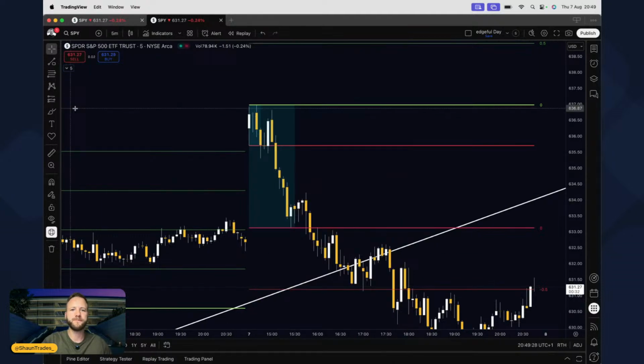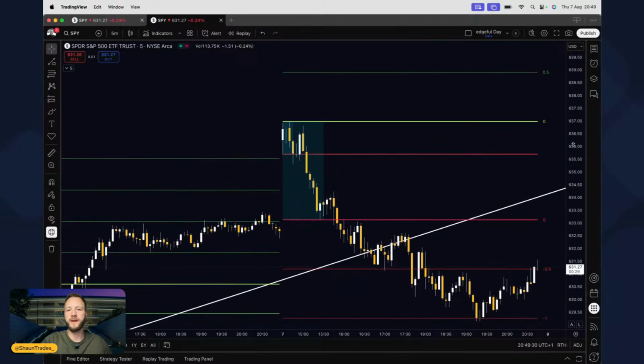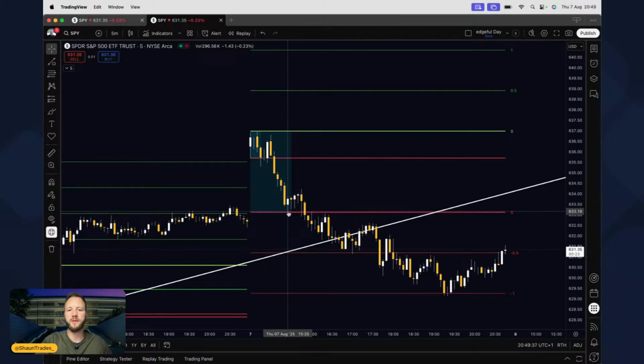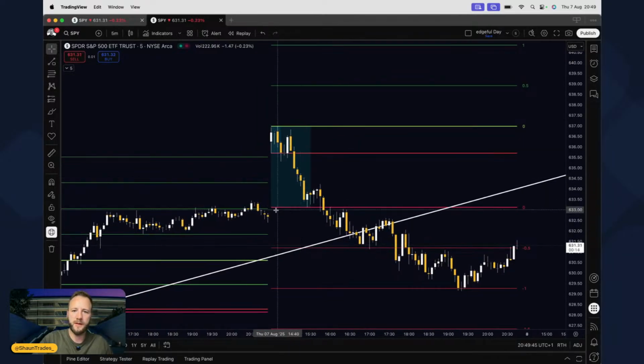And then you can basically use those levels for a push down towards this zero line. And you can see it actually coincides with the gap fill, so you could use that as well. That's actually interesting. I came up with that right on the spot.